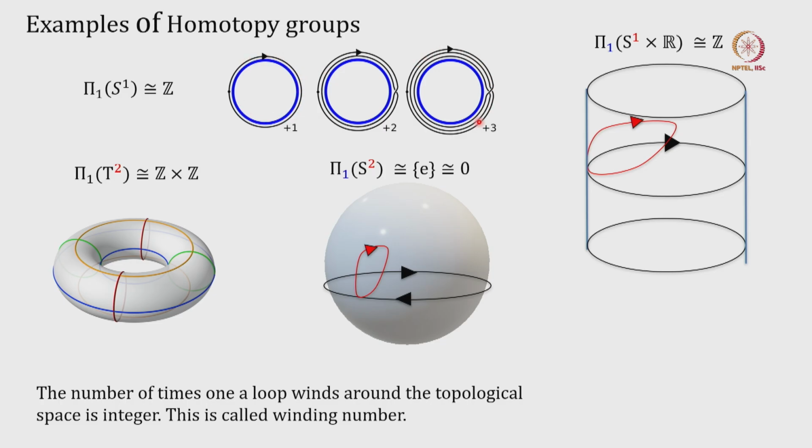So this group is isomorphic to Z, and Z here stands for 0, 1, 2, and so on, which roughly gives you the winding number around this topological space.